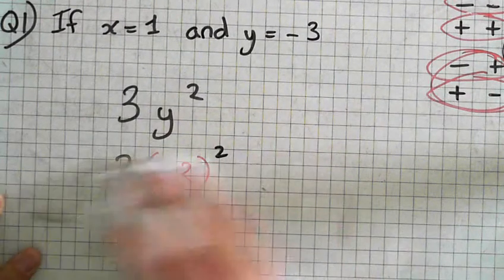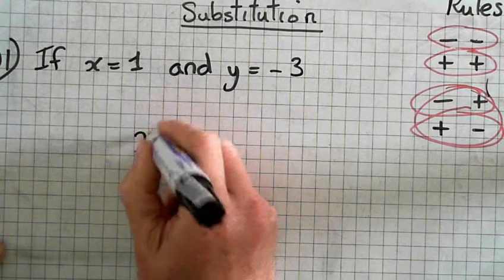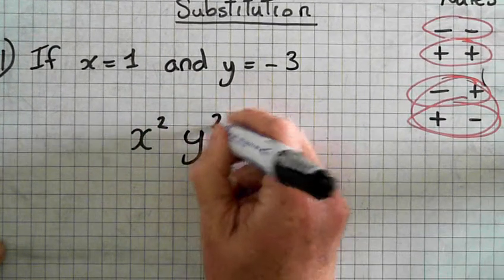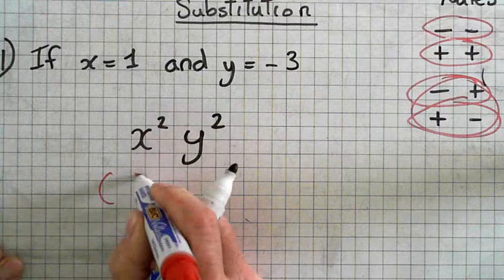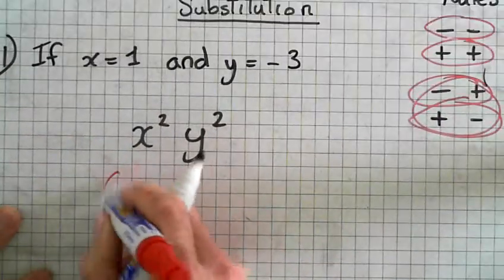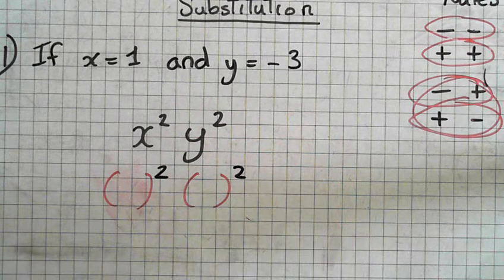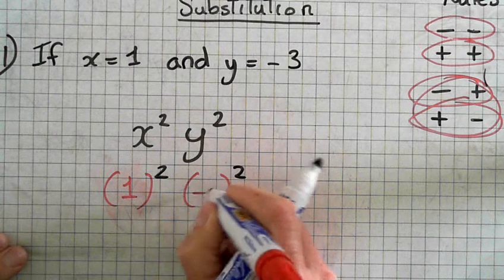Another one. What about x squared, y squared? Again, replace x with a brackets and y with a brackets. X is 1 and y is minus 3.